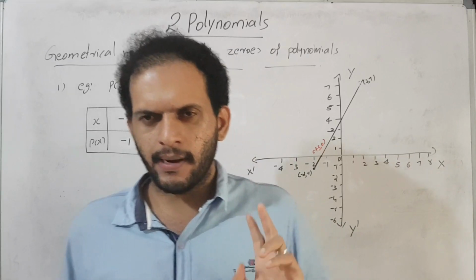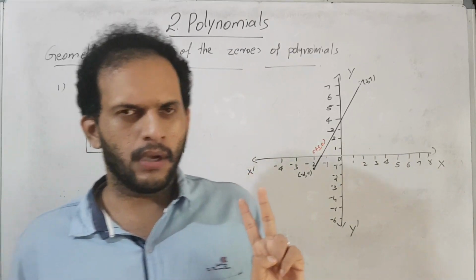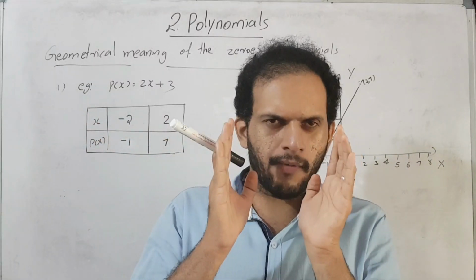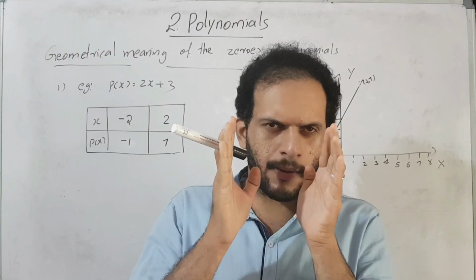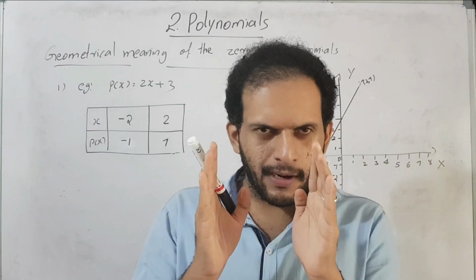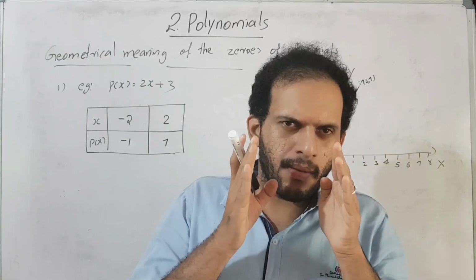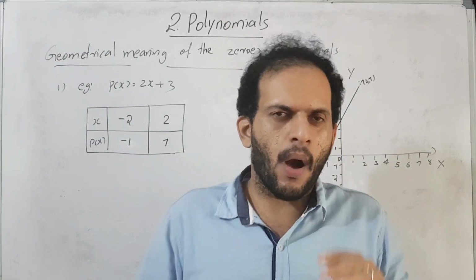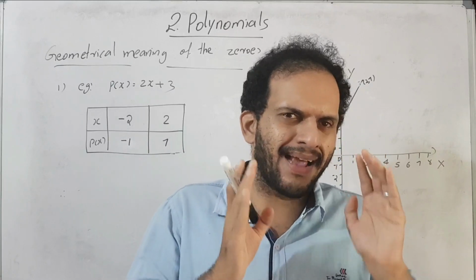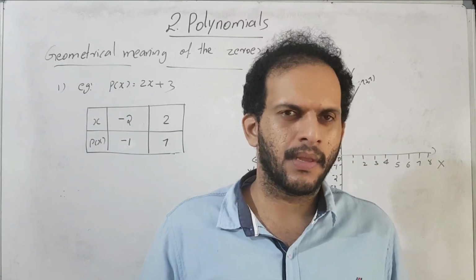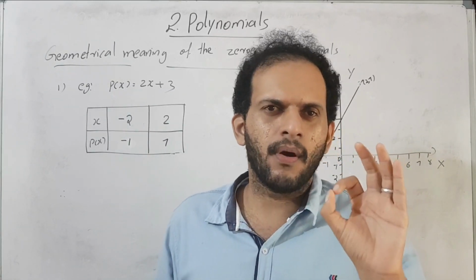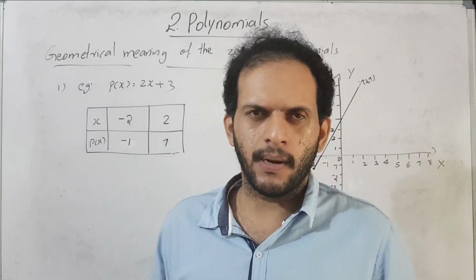Got it? We learn two things from here. One, in the graphical representation of a linear graph, how many times the graph cuts the x-axis, meets the x-axis, that is the number of zeros of this polynomial.